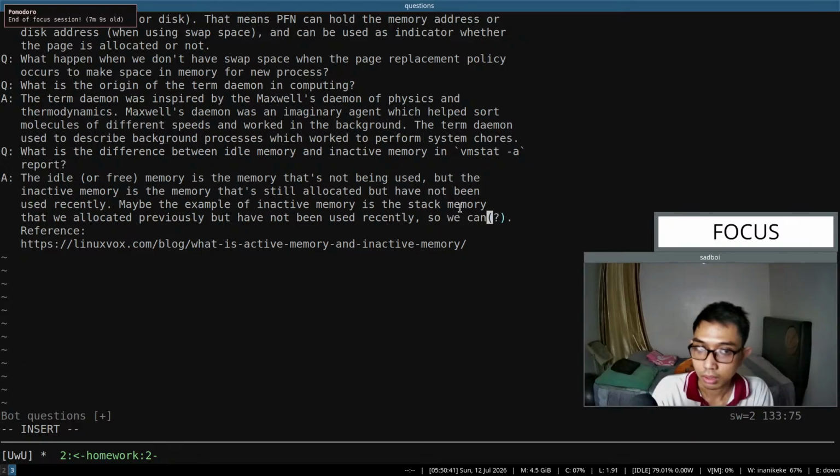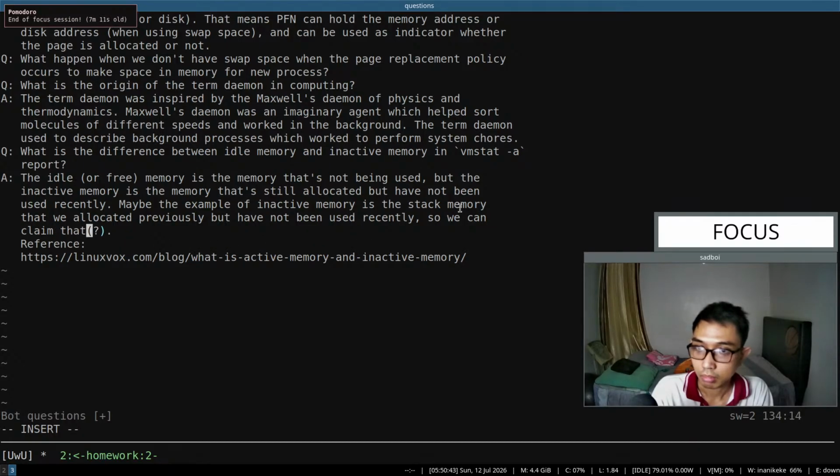So we can reclaim that memory when we need some memory.